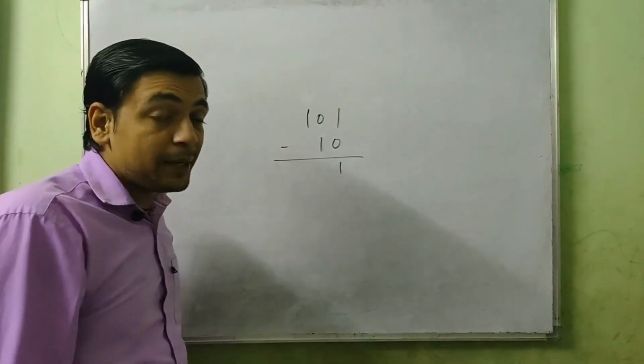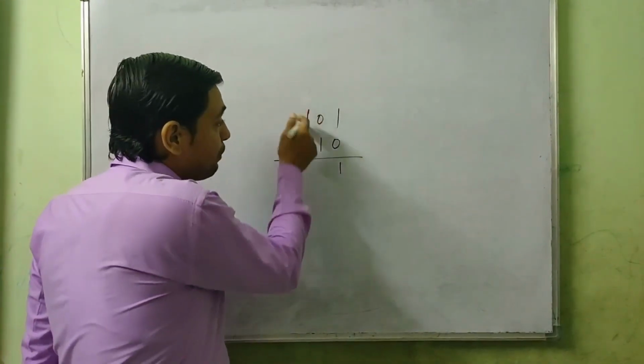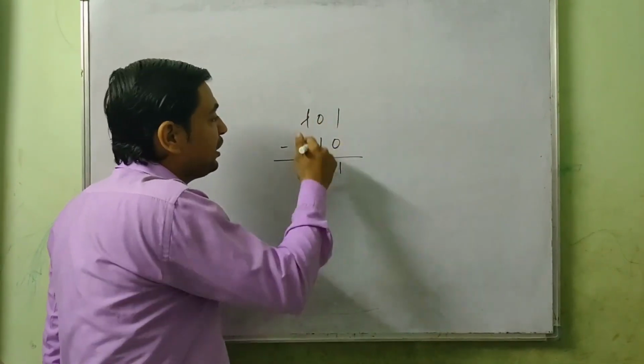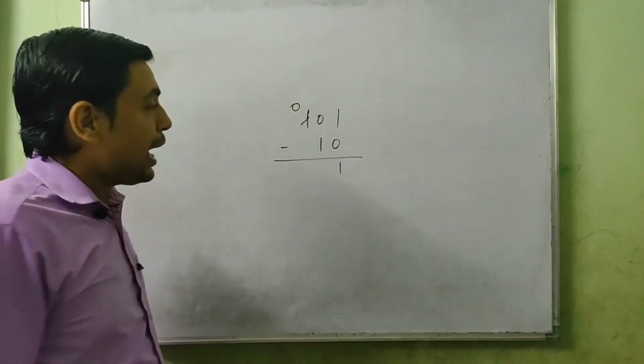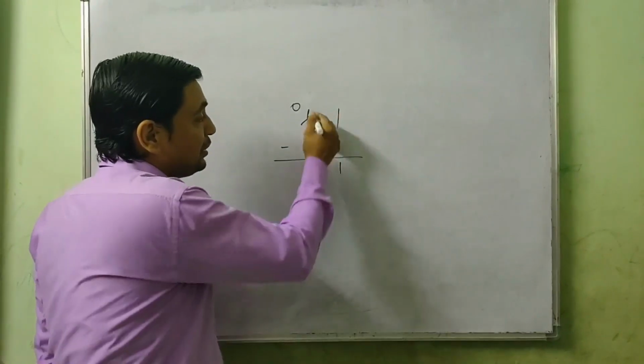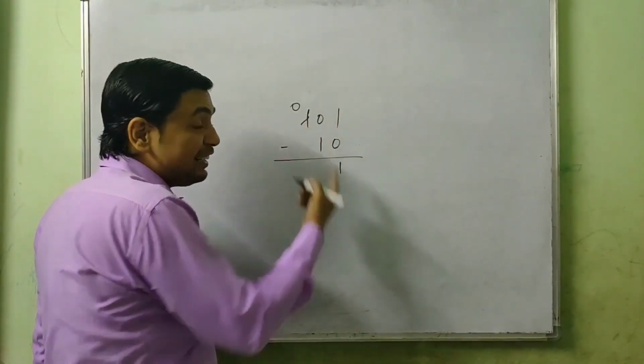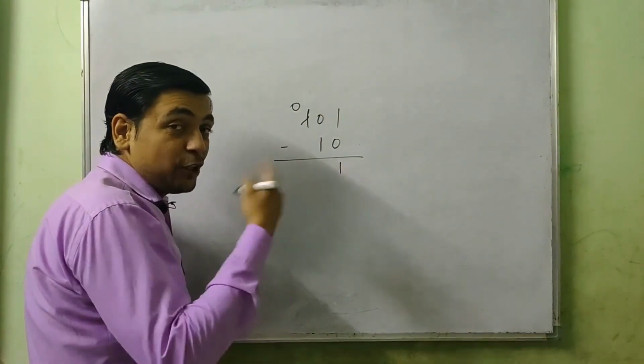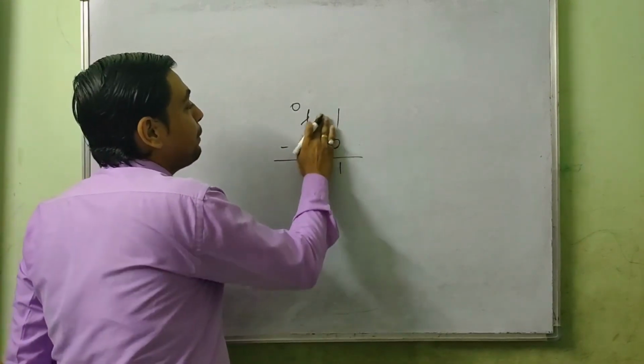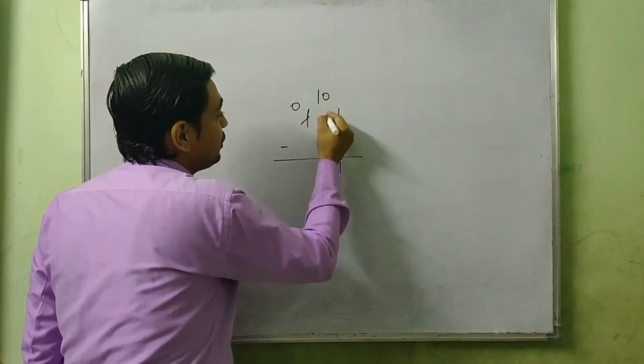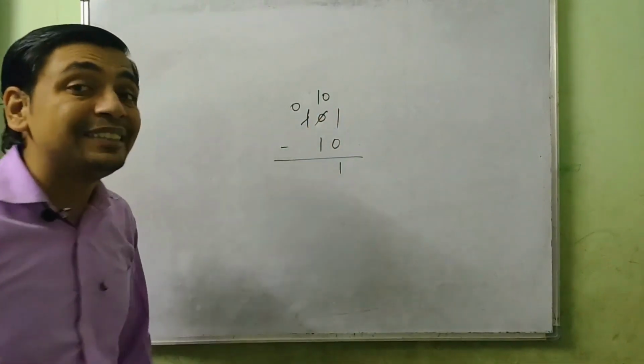Now you have to take a borrow. If you take a borrow from the previous one, 1 will reduce to 0, and 1 will come here. This 1 will be added to this 0, but not like 0 plus 1. The 1 will be simply added in front of 0 like this, so it will become 10.